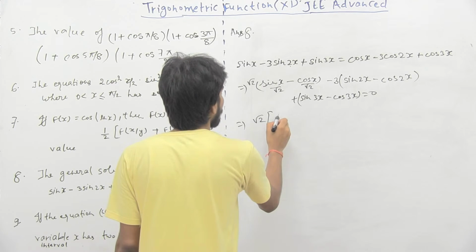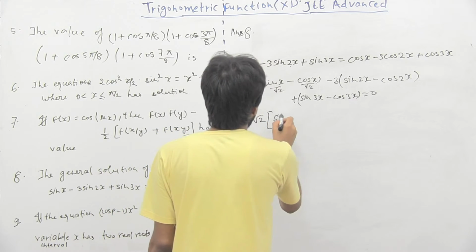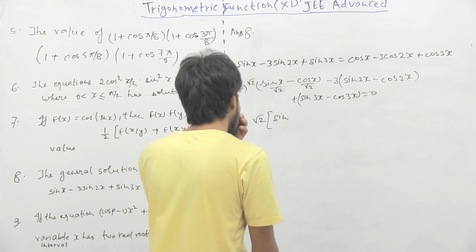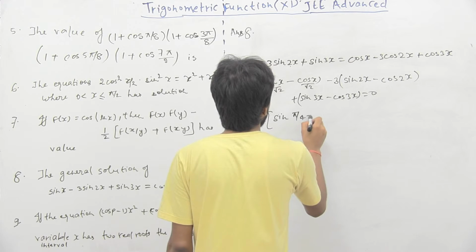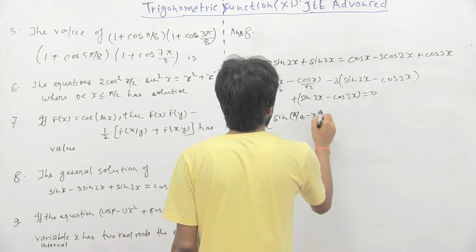This will be in the form of sine (pi by 4 minus x).